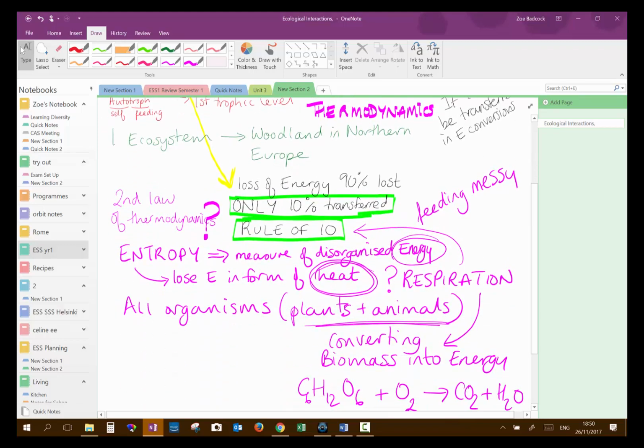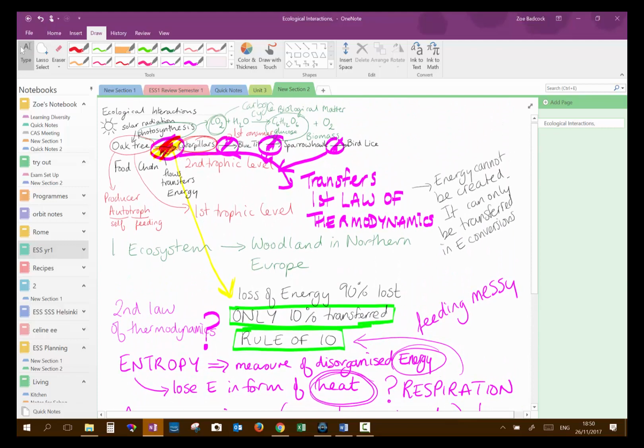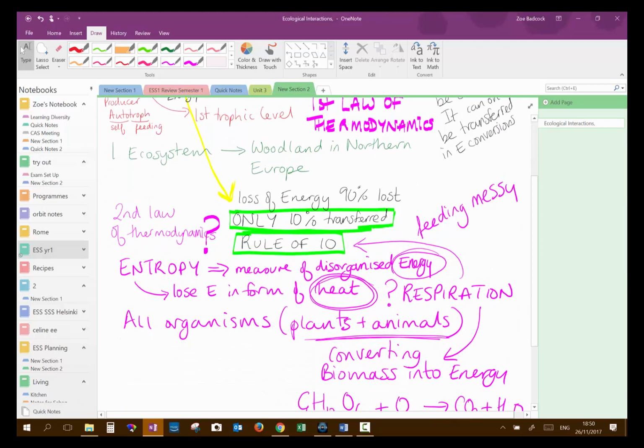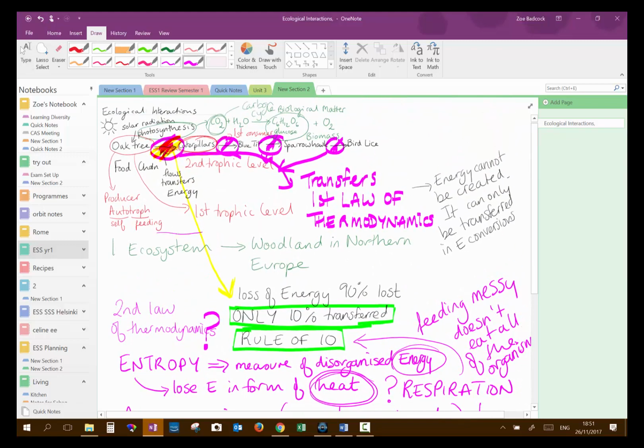A caterpillar eating the oak tree. It's not eating the whole oak tree. It doesn't eat all of the organism. So there's wastage there. It's not transferring all of the energy from one trophic level to the next trophic level. Okay?